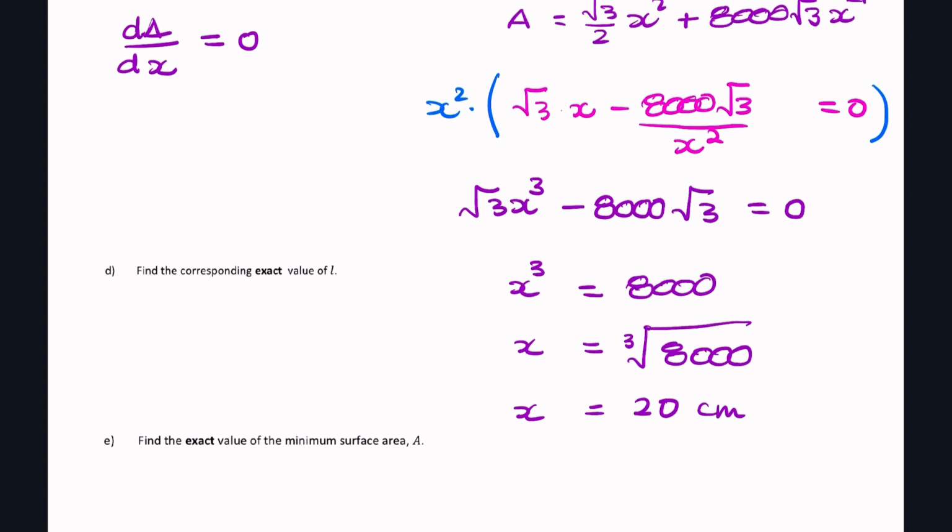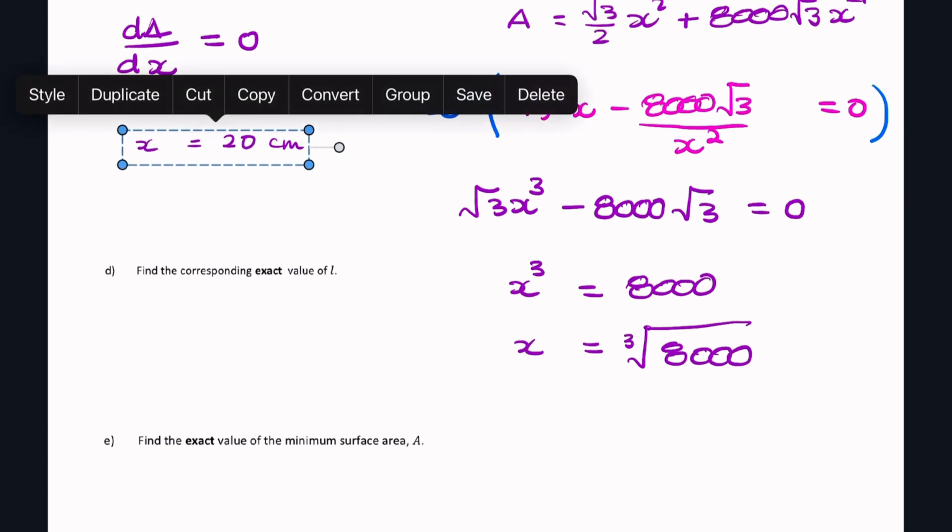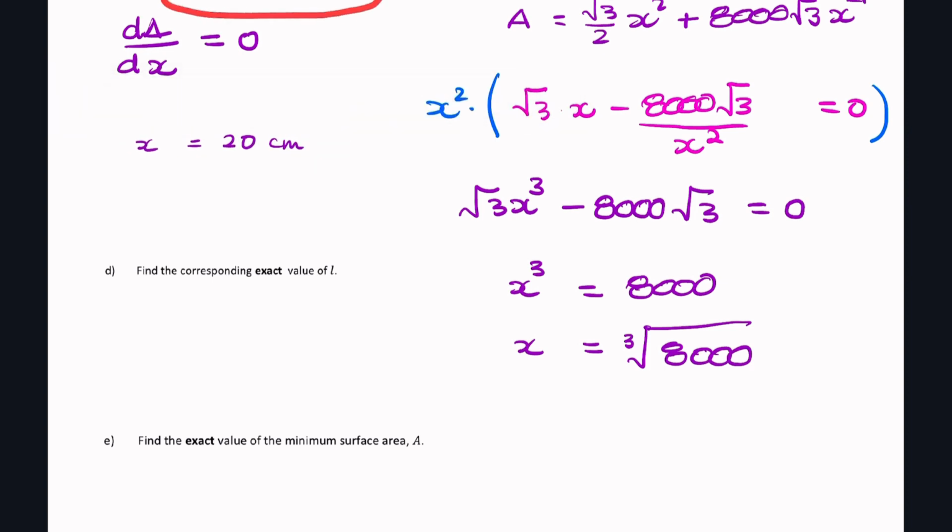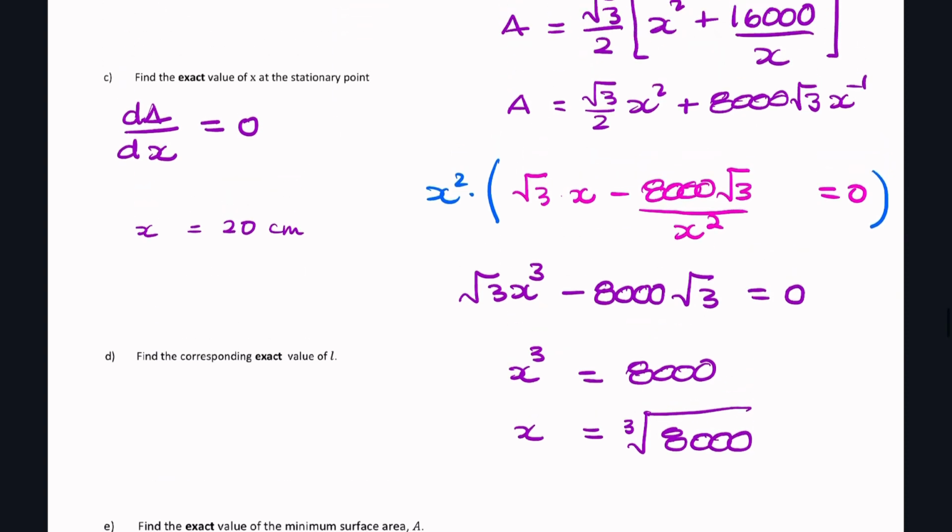So that will be the answer to the exact value of x at the stationary point. Okay, so whenever you have a stationary point, you always answer that by saying that the first derivative is equal to 0. In this case, dA by dx. So we solved that, and we ended up with x equals 20.